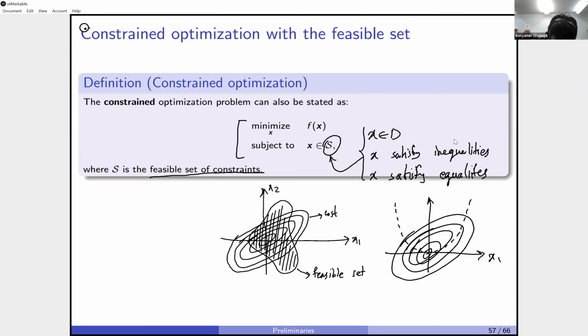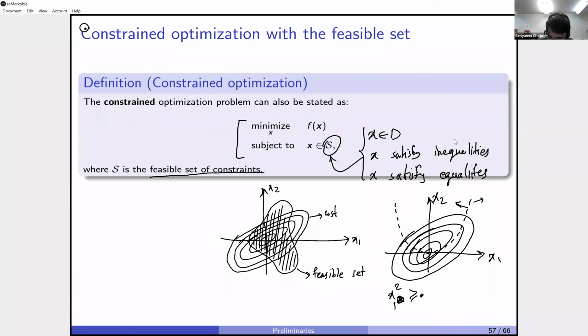So this is x1, this is x2. And what is this? The constraint is x2 squared is greater than or equal to 0, right? So this is the curve. Sorry, x1 squared, I guess.